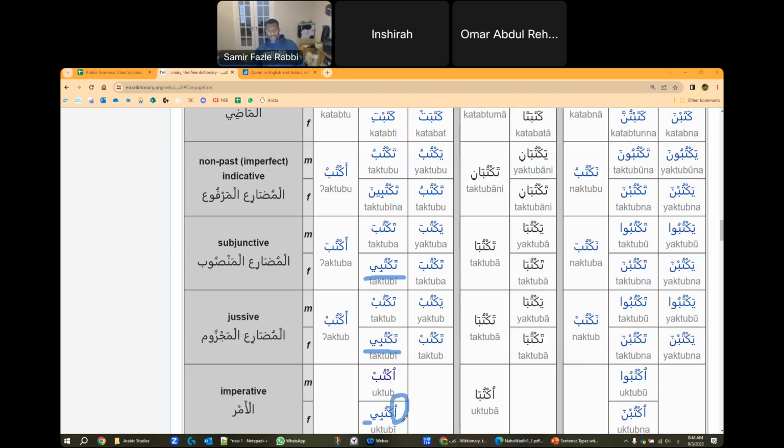We changed this to the alif in the beginning, uktubi, right? But also at the end, we got rid of that noon. Here, the nasb and jazm are also the same. Taktuba, taktuba. This one would be lan taktuba, this could be lam taktuba. Or it could be an taktuba and in taktuba. And then these ones, actually, all of them are the same.